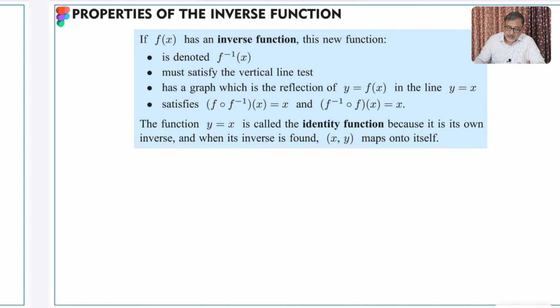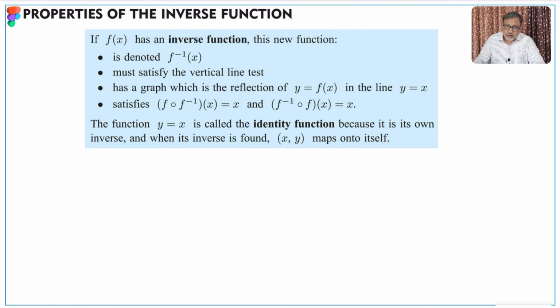Okay. Now, what are the properties of the inverse function? A function f has an inverse function. This new function is denoted by f inverse, first thing. Then it must satisfy the vertical line test, of course.